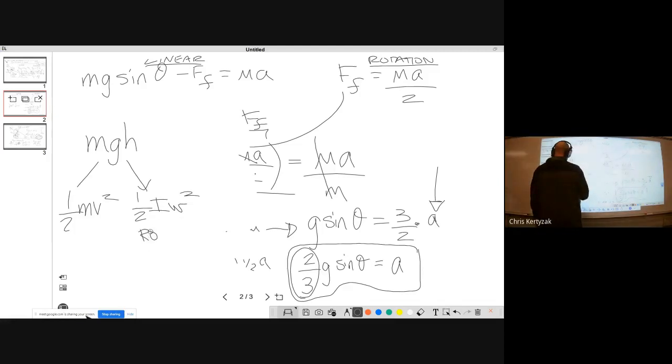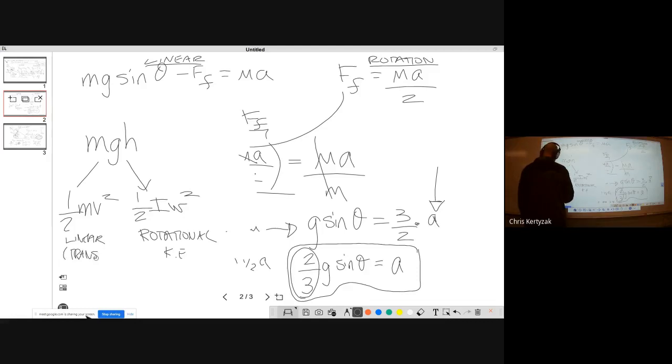This is rotational kinetic energy, and this is called linear or translational kinetic energy. Again, for going from linear to rotation world, you just take away m and you put I. That's what we did here. And you take away v and you put omega, because those are the analogies for each.